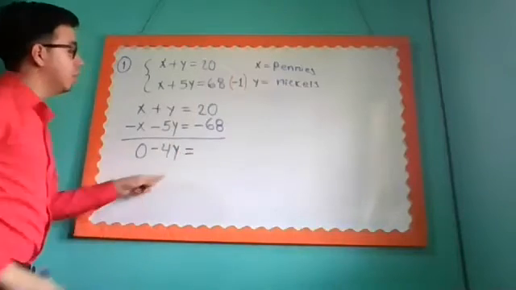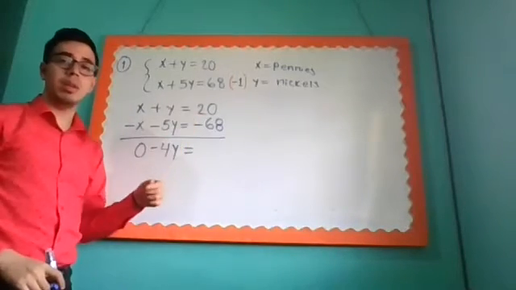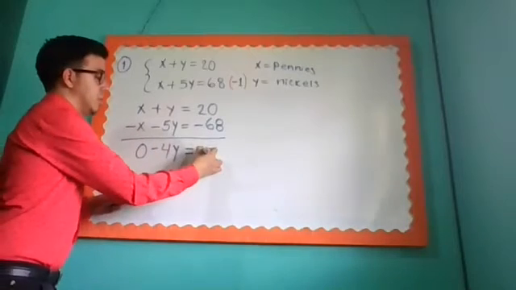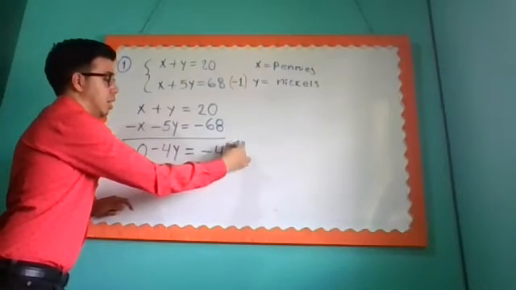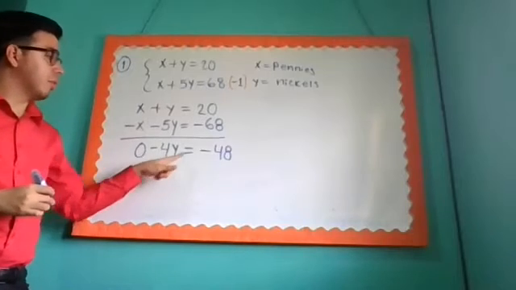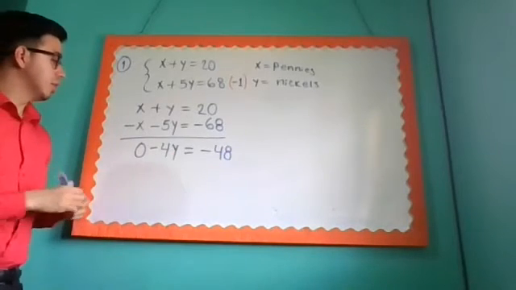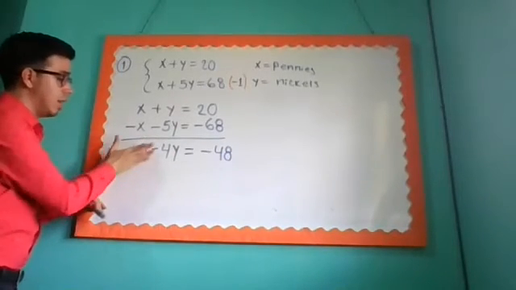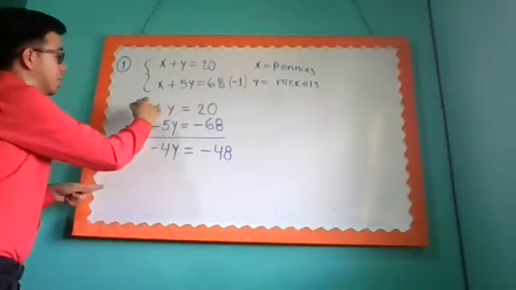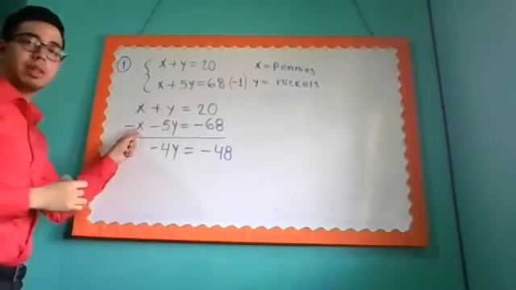This is going to be equal to -68 plus 20, or in the opposite, 20 minus 68. That is going to be -48. Okay. Then we have that -4y equals -48. I can eliminate the 0. I don't need it in here. Okay. So you only know that this is going to eliminate with this one.